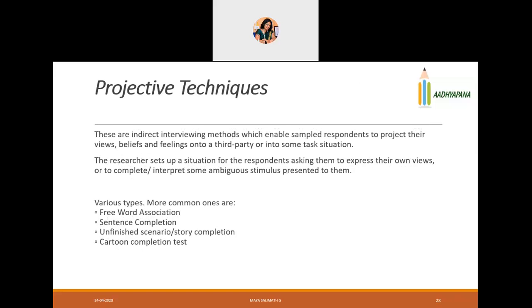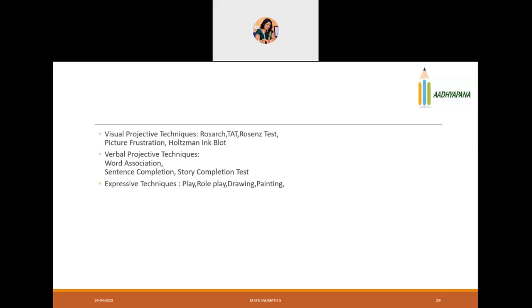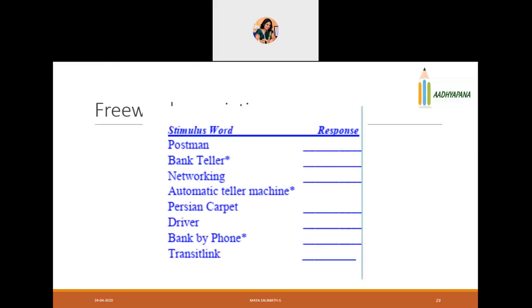In fact, most projective techniques are a kind of data collection used when people are not responsive, that is, when respondents are not cooperating with the researcher. At such times you can use projective techniques. These are the various projective techniques which are there. I'll just give you examples of some.